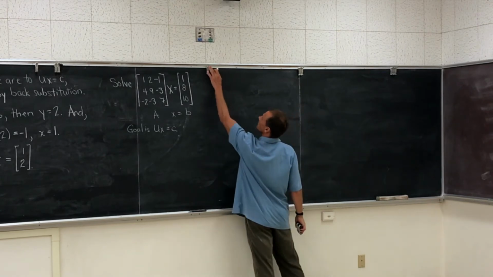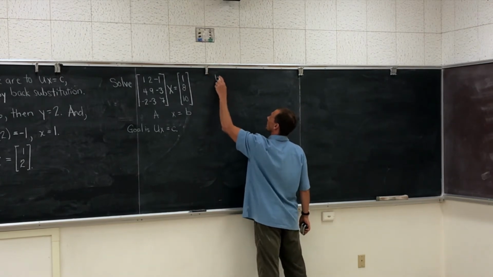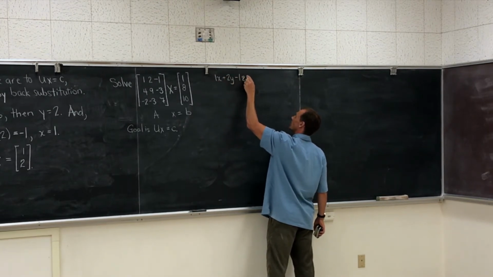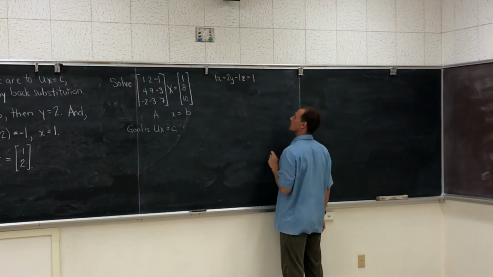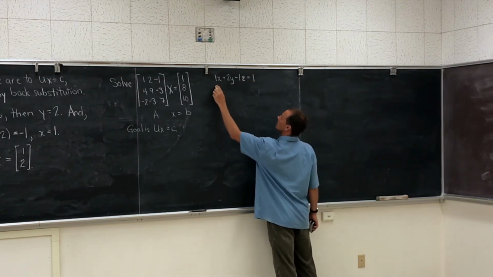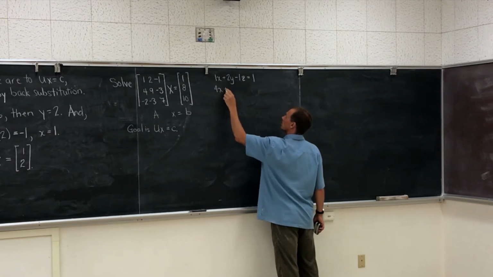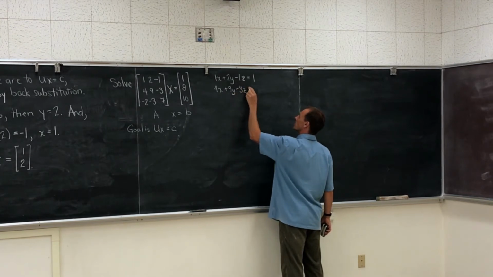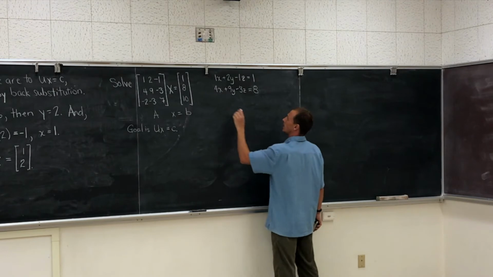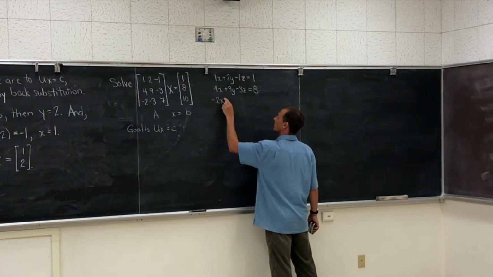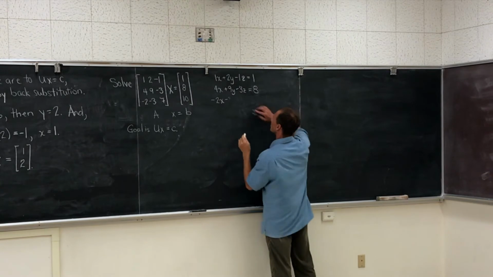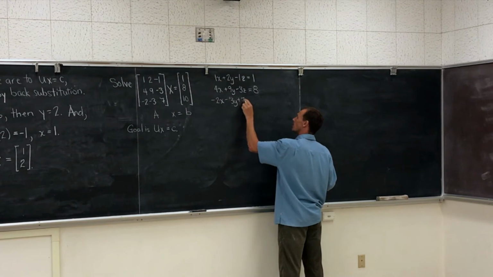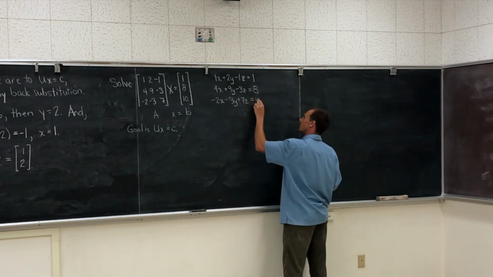So this gives rise to the system of 1x plus 2y minus 1z equals 1. The second row is 4x plus 9y minus 3z equals 8, and minus 2x minus 3y plus 7z equals 10.